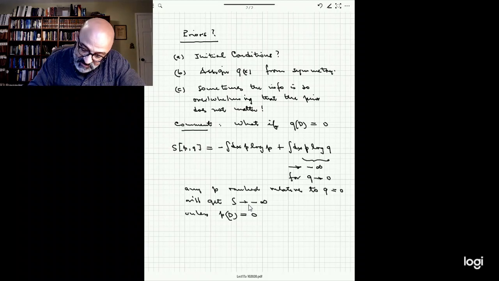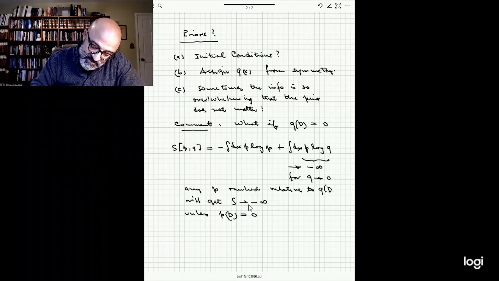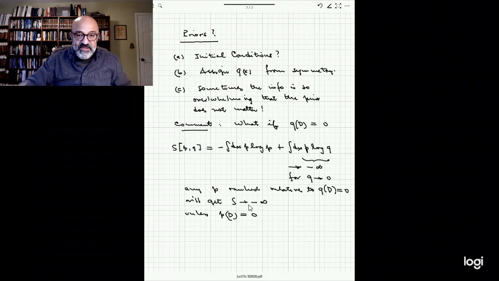So let me rewrite this here. Relative to a Q that vanishes in some region will get infinitely badly ranked unless the posterior vanishes as well.